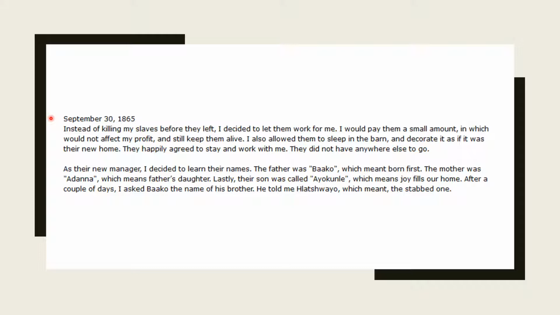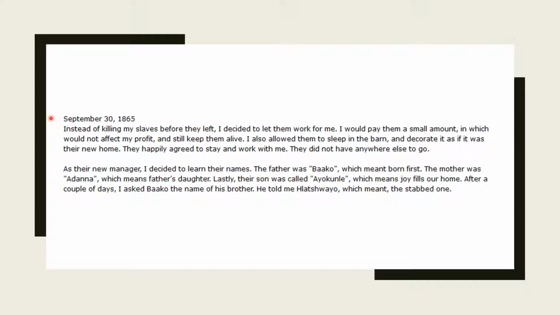September 30th, 1865. Instead of killing my slaves before they left, I decided to let them work for me. I would pay them a small amount which would not affect my profit and still keep them alive. I also allowed them to sleep in the barn and decorate it as if it was their new home. They happily agreed to stay and work with me. They did not have anywhere else to go. As their new manager, I decided to learn their names.